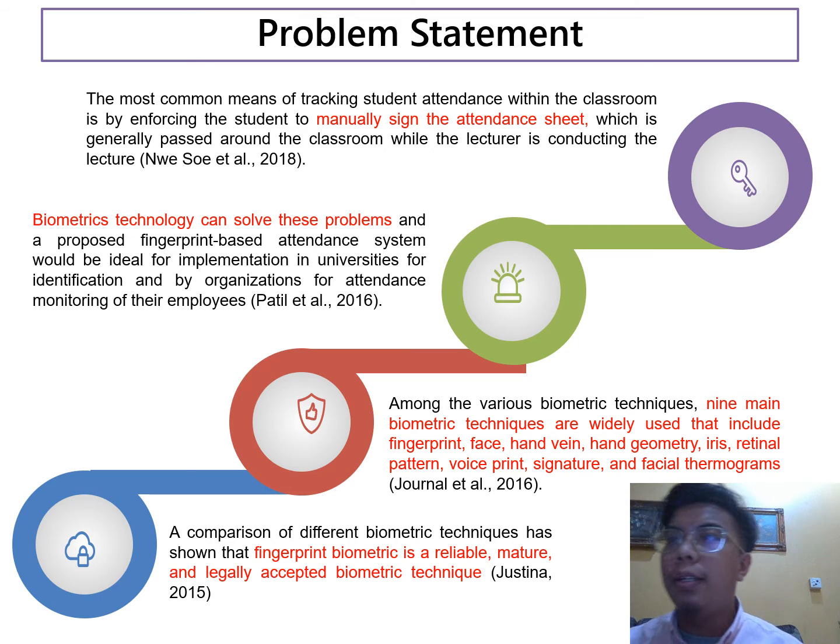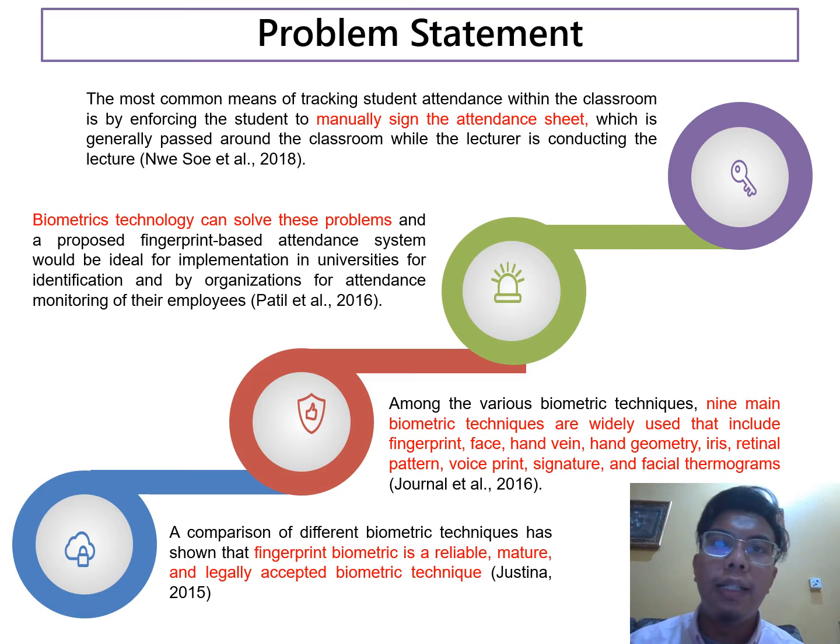Next is the problem statement. The most common means of tracking student attendance within the classroom is by enforcing students to manually sign the attendance sheet, which is generally passed around the classroom while the lecturer is conducting the lecture.